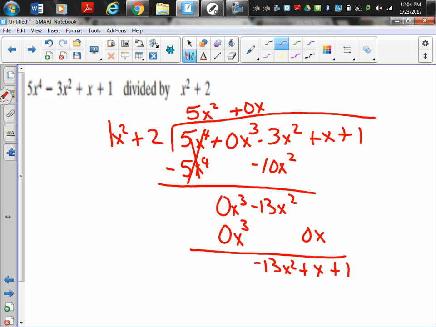1 times what is negative 13? Negative 13. So we have negative 13x squared. Negative 13 times 2 is negative 26.